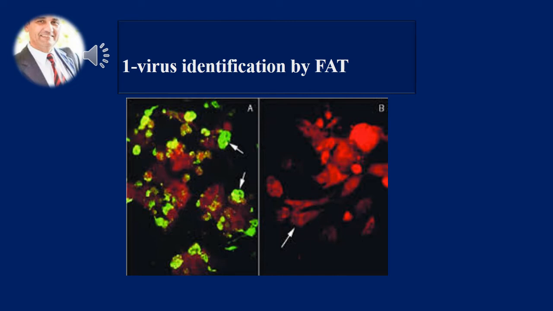Equine influenza virus identification by fluorescent antibody technique, where the picture on the left side shows illuminating green particles with positive viruses.